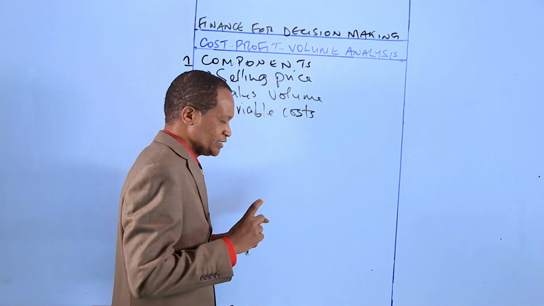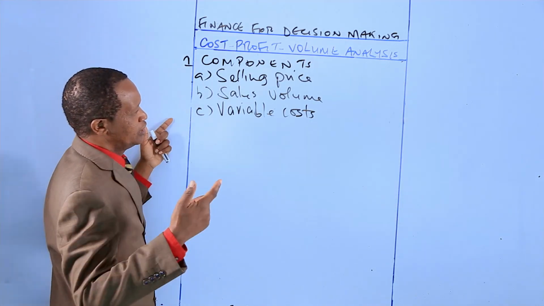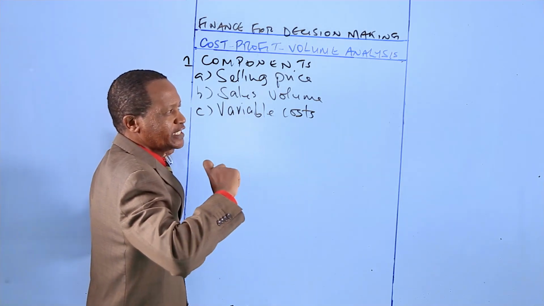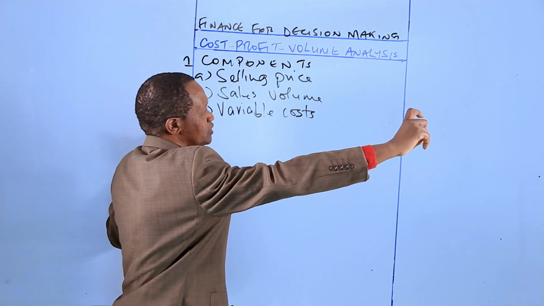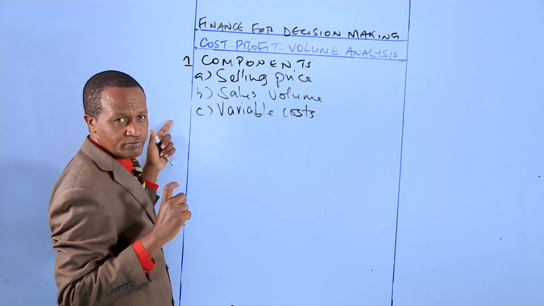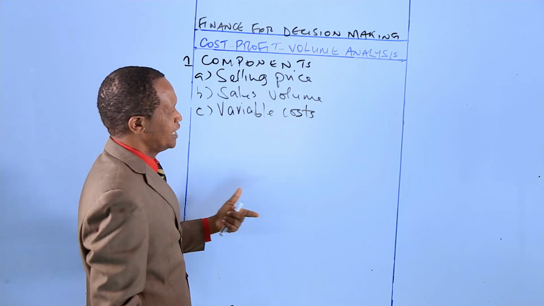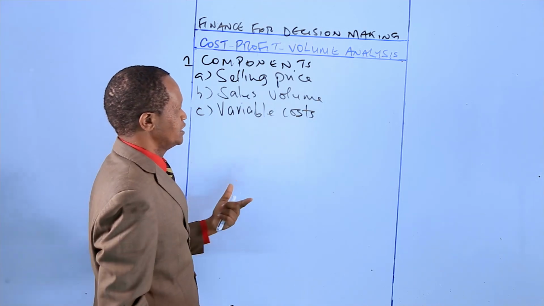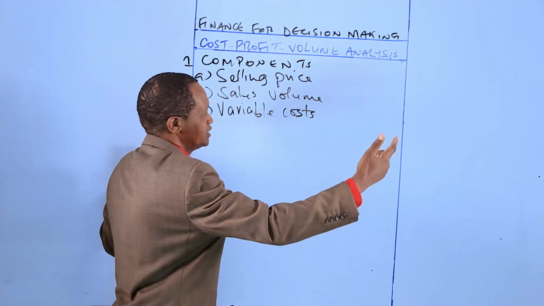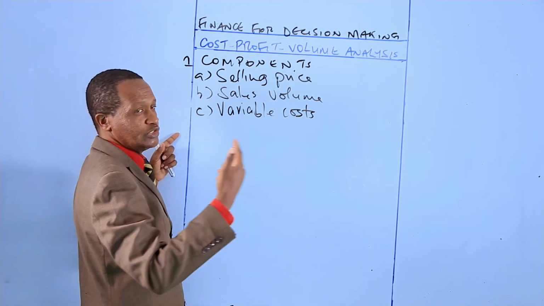When you are selling or manufacturing or producing goods or services, there are costs that will change as you increase the volume. They may also change as you decrease the volume. We are referring to them as variable costs. They vary as the sales quantities change. Where the quantities increase, these costs increase. Where the quantities reduce, these costs reduce.